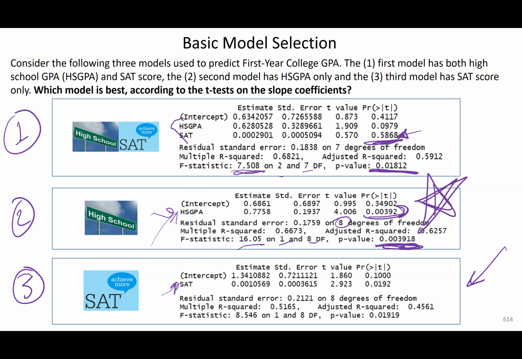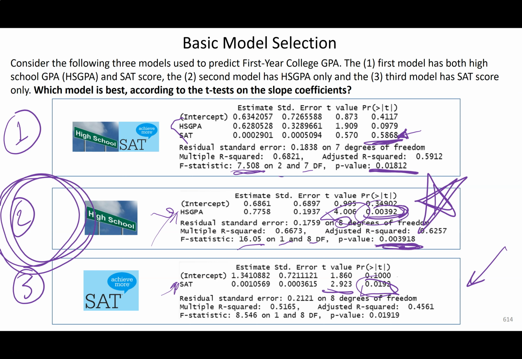So I'm predicting college GPA, their first year college GPA by SAT. I get a T statistic of 2.9 or so, which is smaller than this 4.006. And I get a p-value here, which is larger than this one here. So I would go with model 2.